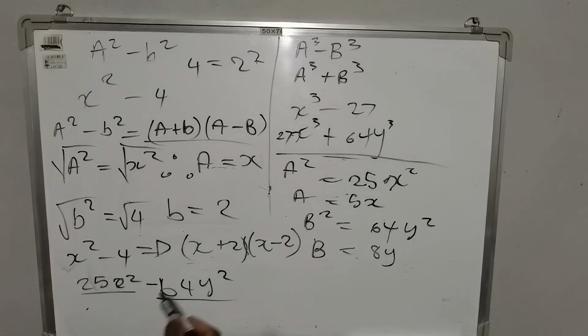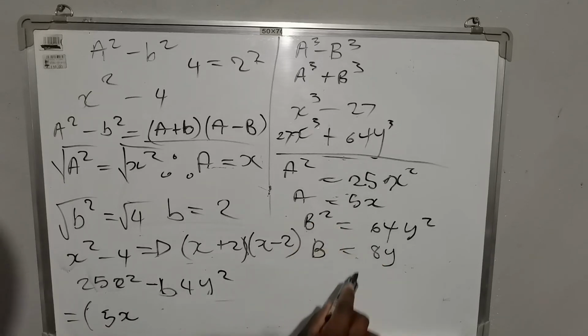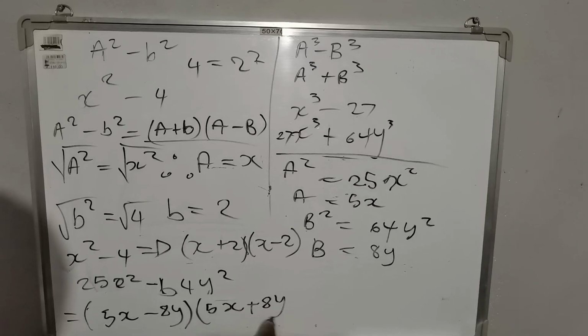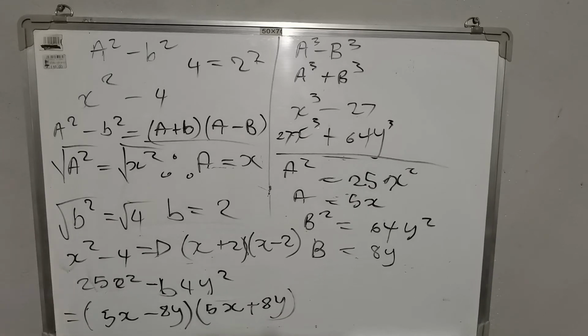So we're just substituting on the formula. We know that a is 5x. We know that b is 8y. So it is 5x minus 8y times 5x plus 8y. It is that easy.